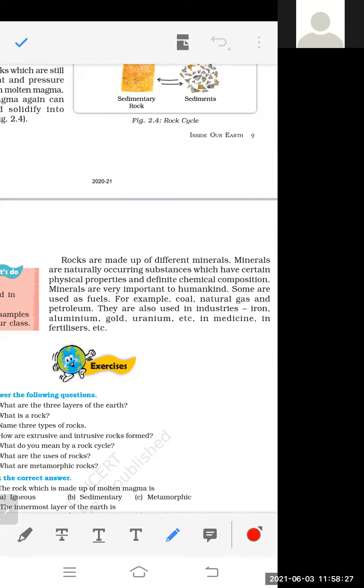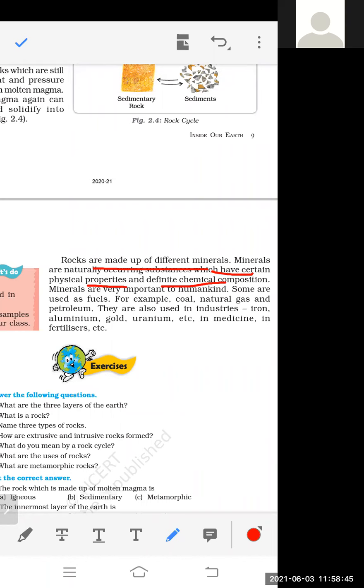Now, as I told you, rocks are made up of different types of minerals. So what do we mean by minerals? Minerals are naturally occurring substances which have certain physical properties and definite chemical composition. Like diamond.